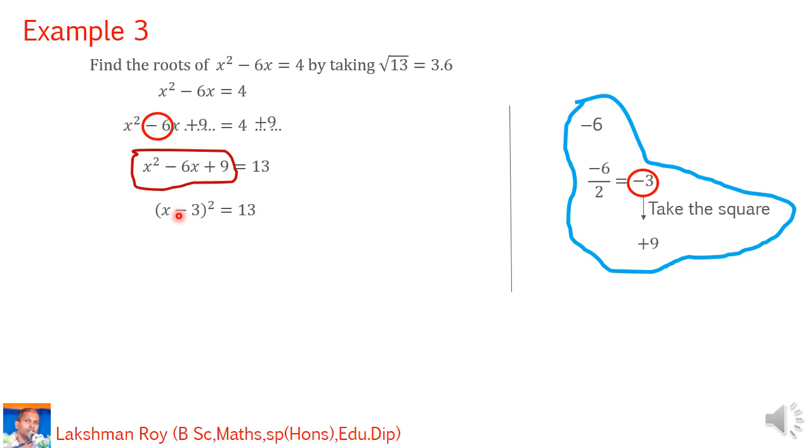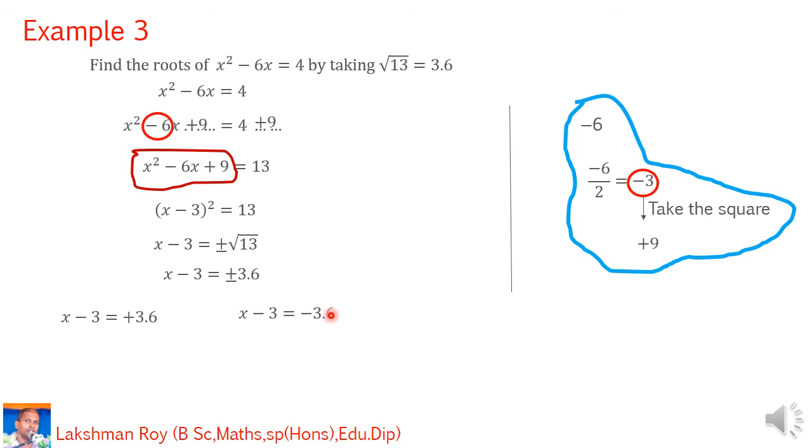X minus 3 square means x minus 3. Here square root 13, positive or negative? Now they have given square root 13 as 3.6. Right. Put in here positive or negative 3.6. Now you can take positive 3.6 and negative 3.6. Alright. X minus 3 equals positive 3.6, or x minus 3 equals negative 3.6.